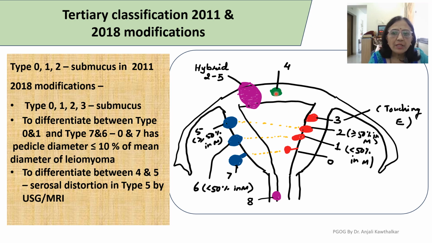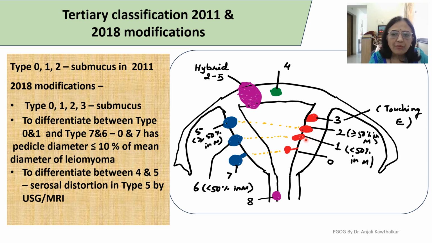Type 4, as we can see, is entirely in the myometrium. Now, to remember, after type 4, these 5, 6 and 7 are mirror images of 2, 1 and 0 respectively. Type 0 is pedunculated submucous, here we have 7 as pedunculated subserous.